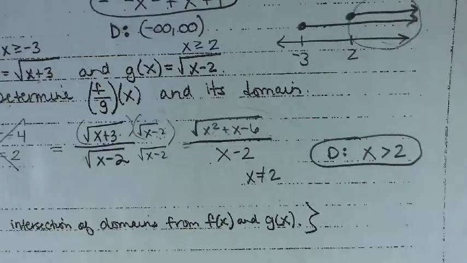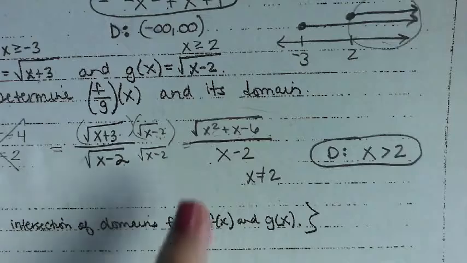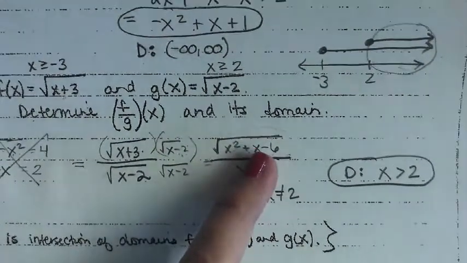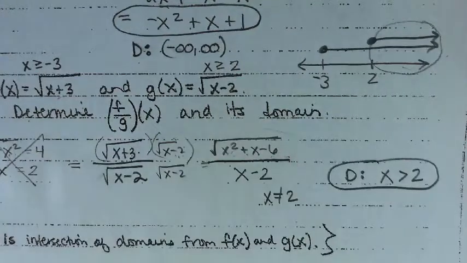Eventually, is it not going to be true anymore, though? Like negative 5? Yeah, negative 5 works. Negative 3 works. Negative 5 works. 25 minus 5 is 20. 20 minus 6 is 14, and then that would seem to work.